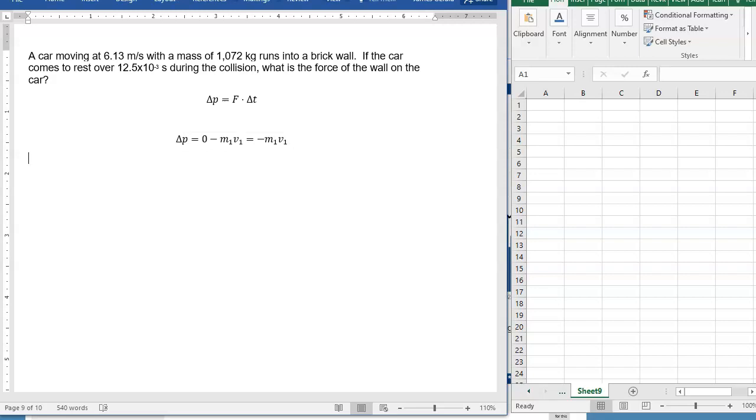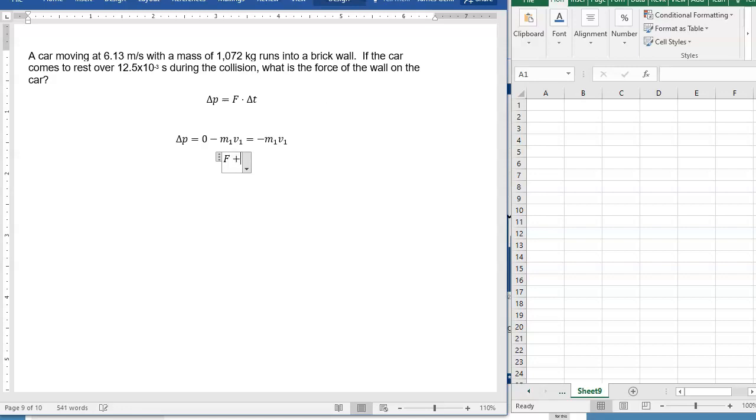Now, the force is opposite to the direction of motion. So the force is going to be negative in this case, right? Because the force of the wall on the car is opposite the direction of motion.